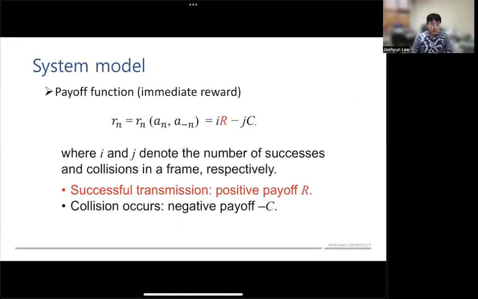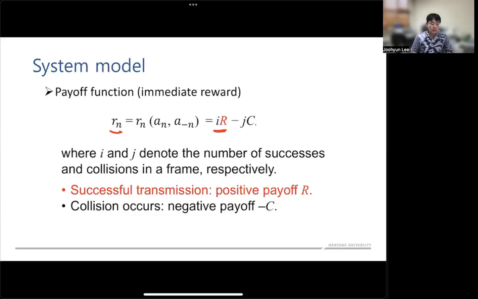So to model this problem as a reinforcement learning problem, we now need to define the rewards. Because we want to maximize the reward, we just want to sum the number of successes. So I represents the number of successes in a frame.